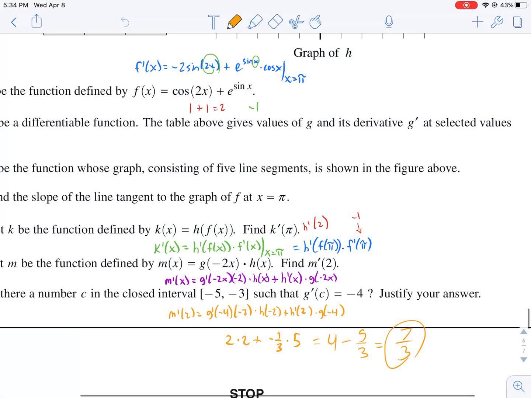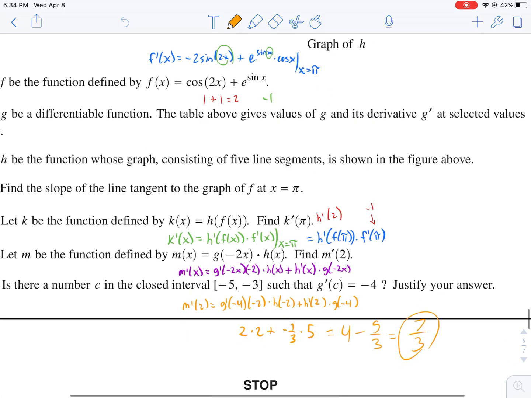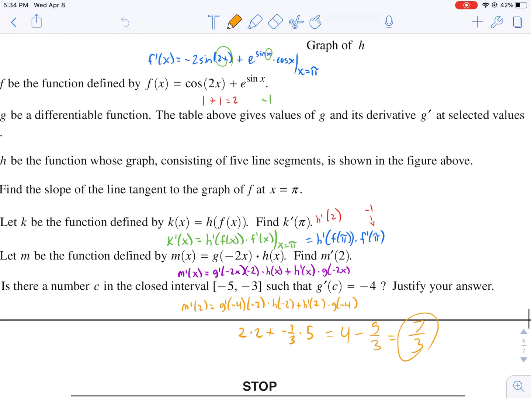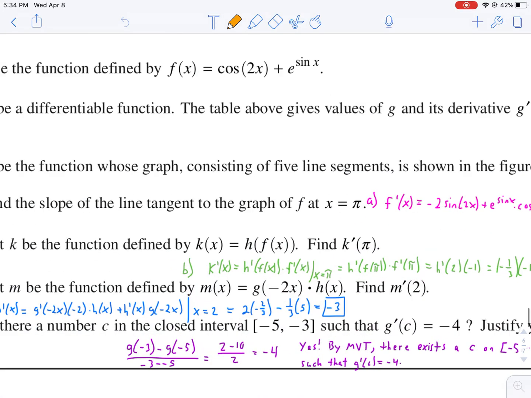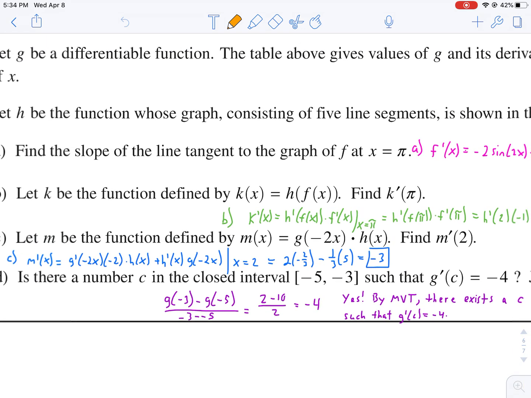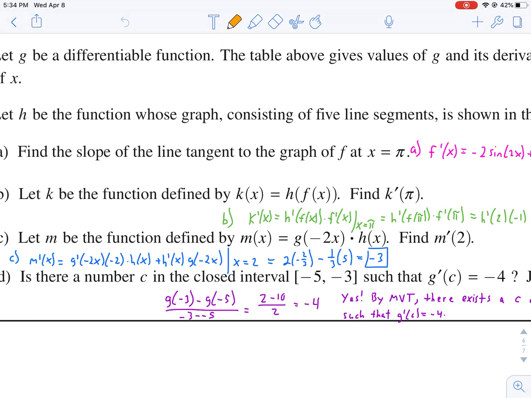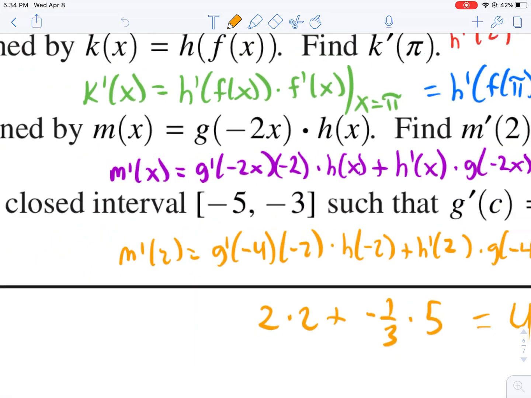Oh goodness, I made another mistake. Hold on. G of negative 4 is 5. Let's just look at this one. Oh, I did h of negative 2, and it should have been h of 2. I plugged in negative 2 instead of 2 for the h's. Sorry about that. All right, so this number right here, let me go back to my work so you can see.